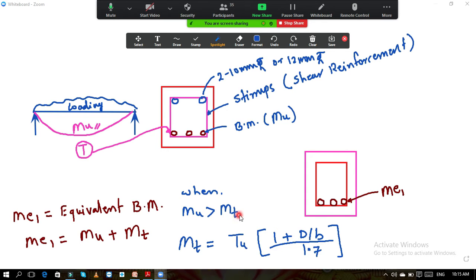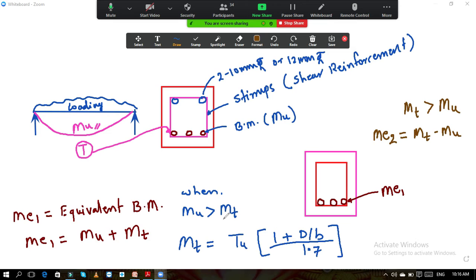But the reverse also can happen. Sometimes you may come across the case where your Mt is greater than Mu. When this case arises, you have to calculate the hogging moment also, and that hogging equivalent moment is denoted as Me2, and it can be calculated as Me2 is equal to Mt minus Mu.